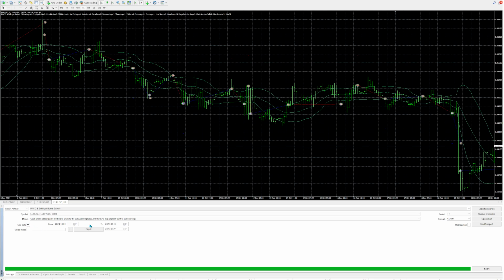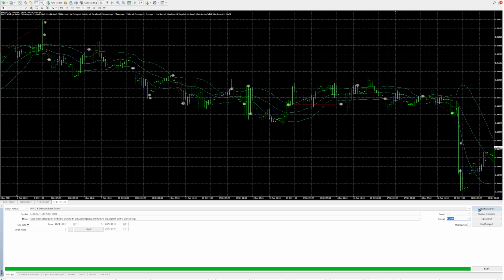Okay, so the use date, I've just selected the last few months here, and for the spread we've selected the current spread, which uses the current market spread. Just be aware if you do plan on doing some testing on the weekends, the current market spread can be much higher than usual. Okay, so you can always just manually change the spread in there as well.